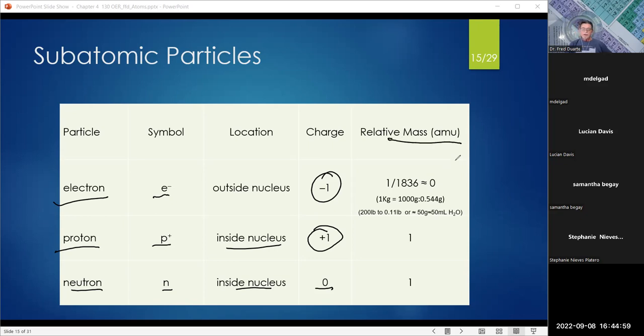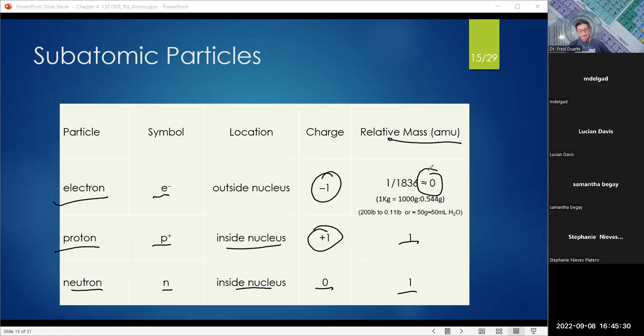Now, because these chunks of matter, so to speak, are very, very tiny and small, what was created is a relative mass, an atomic mass unit. They assign the proton and the neutron essentially an AMU of 1, a unit of 1. The electron, being so small, essentially was given a mass of 0.